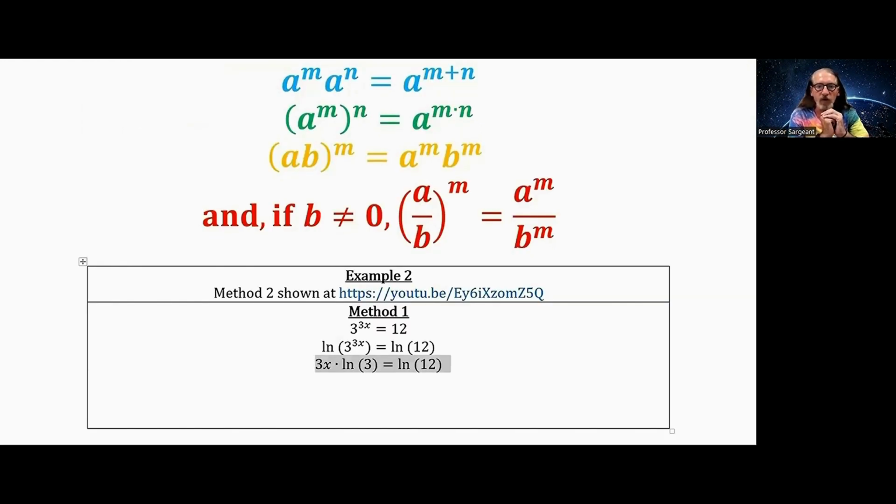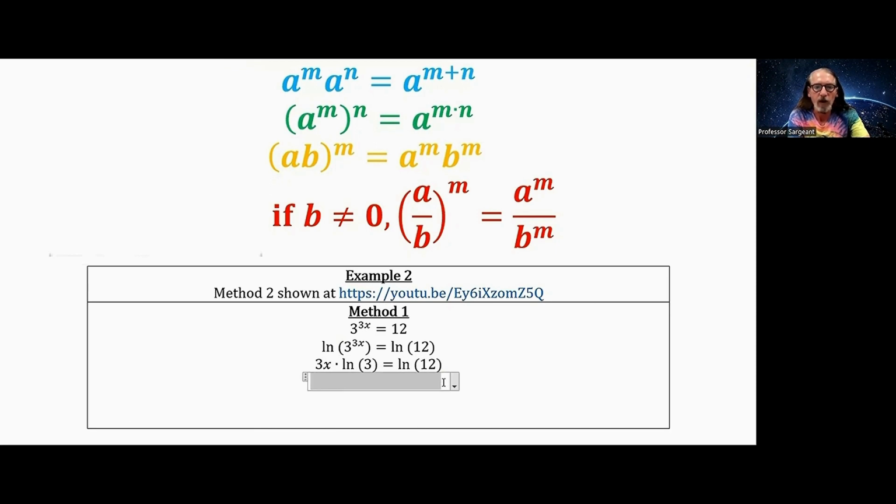Whatever the natural log of 3 is, that's a number, so we have 3 times x times natural log of 3. We can move around and reassociate, so that we're going to have 3 times the natural log of 3 as the coefficient for x.